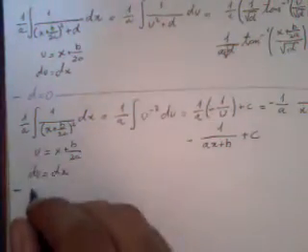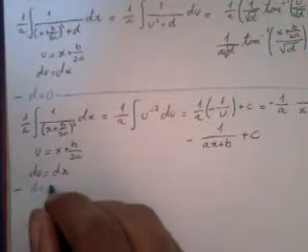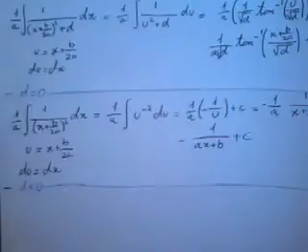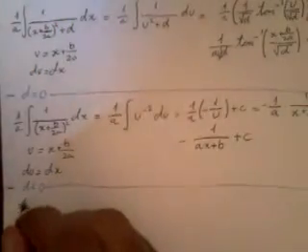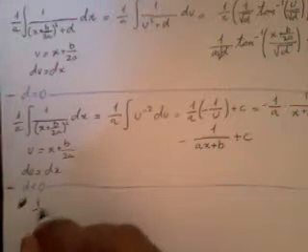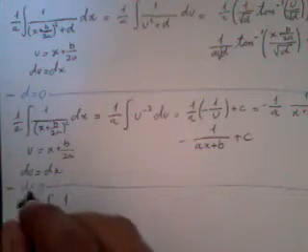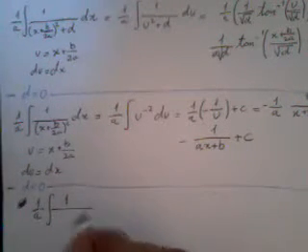I'm still learning. D is smaller than 0. This is our last case. Oh, sorry. 1 over a times the integral of, well, since d is smaller than 0, it's negative.